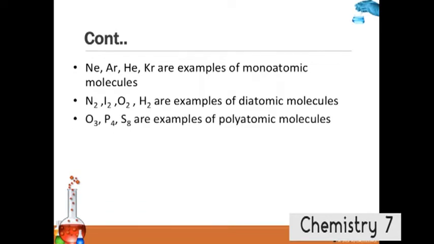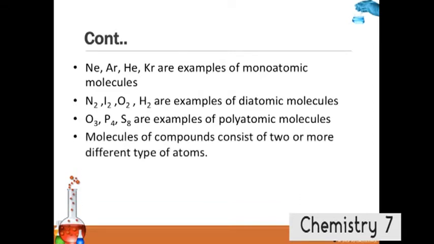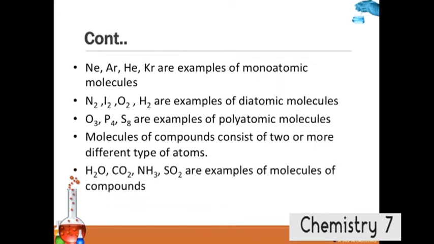Ozone, phosphorus, and sulfate are examples of polyatomic molecules. Molecules of compounds consist of two or more different types of atoms. Water, carbon dioxide, ammonium, and sulfate are examples of molecules of compounds.